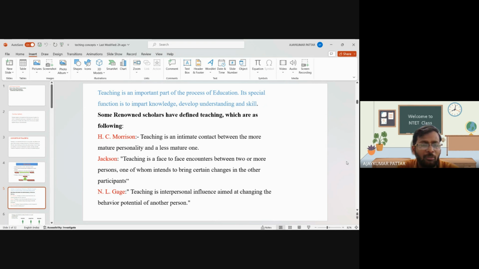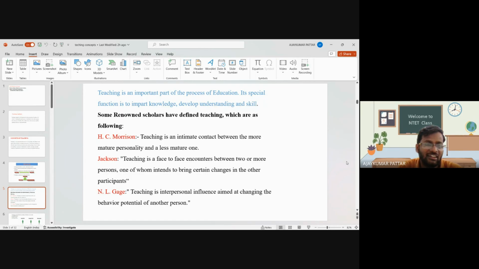For example, a more mature personality means a senior political leader. A person just joining the political party is a less mature one. So intimate contact will happen between them, and the less mature person will learn something from the mature personality.